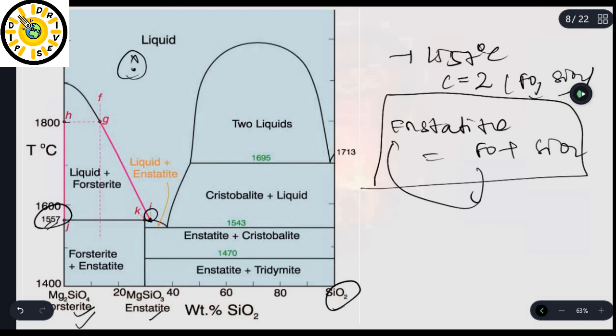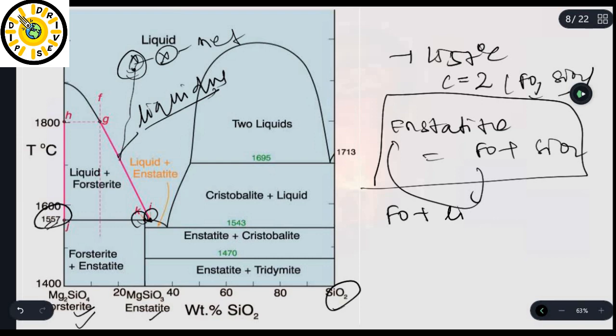The tie line will join at this K point. Here there will already be forsterite, why? When the melt composition touches the liquidus, the forsterite will start crystallizing. So in the system the forsterite will be there, and the liquid is also there.